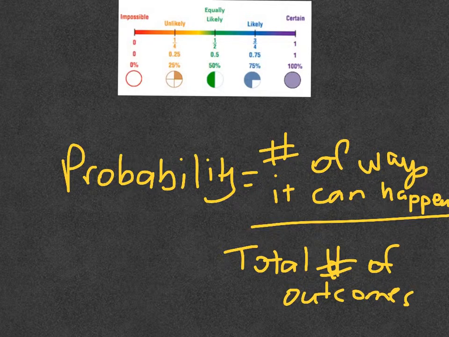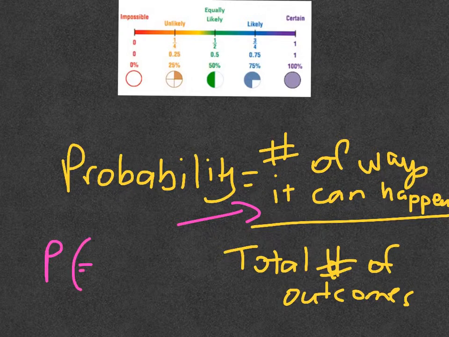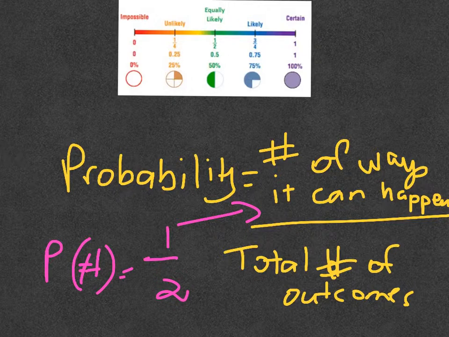Another way we can say this, let's use our coin for example. P equals the number of ways it can happen. If we were looking for a head, our probability is 1 over 2, because there's only one head on the coin, and it can either be one side or the other side, so that's why it's 2.